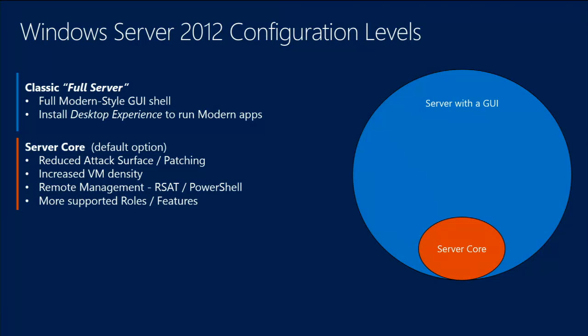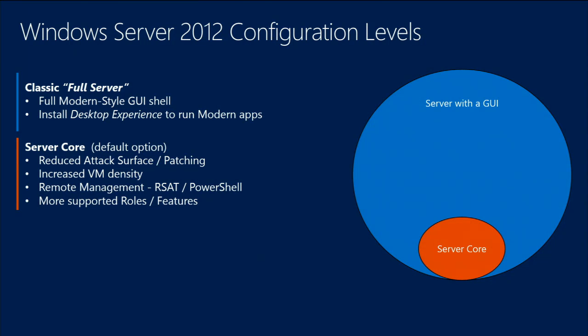PowerShell is on the Server Core box, and PowerShell in Windows Server 2012 has a much, much larger set of cmdlets, and in fact, the entire surface area pretty much can be managed through PowerShell now. Okay, so it's very powerful through PowerShell. And you don't have to go on the box to do that, by the way. You can manage that remotely through PowerShell using PowerShell remoting, which came in PowerShell v2. Okay, so the remote management story for Server Core is actually really strong.